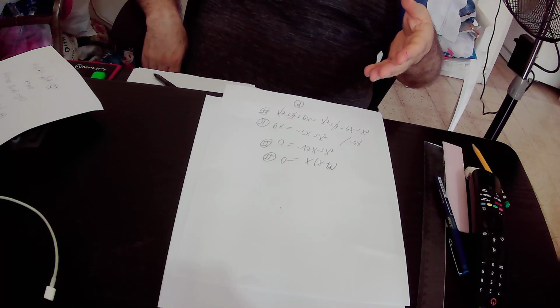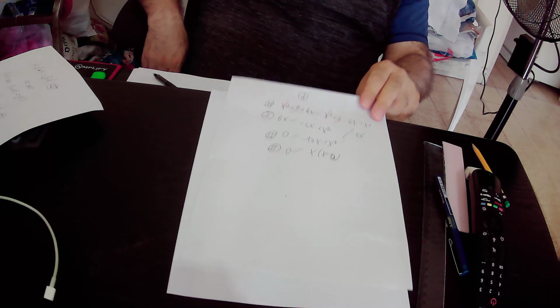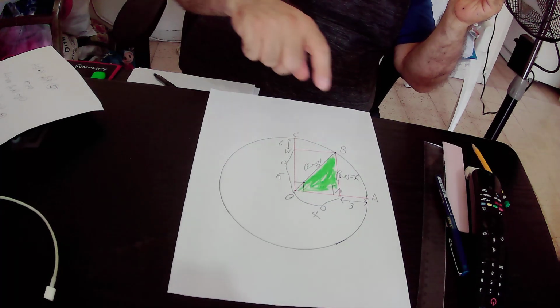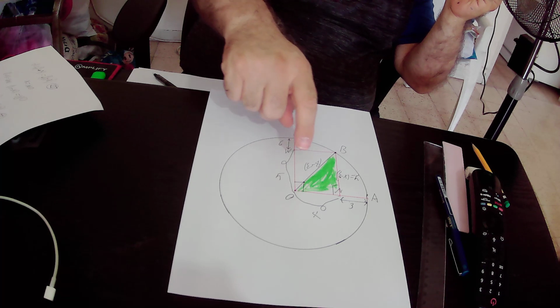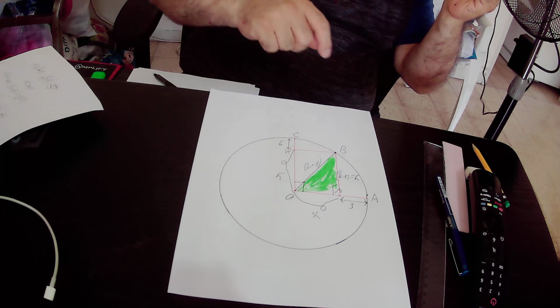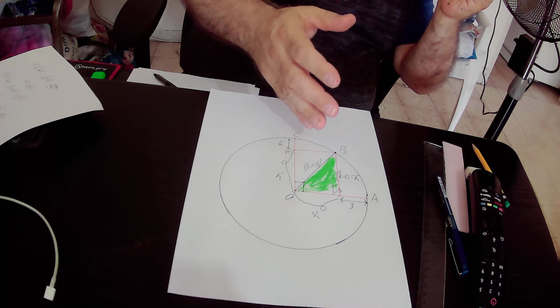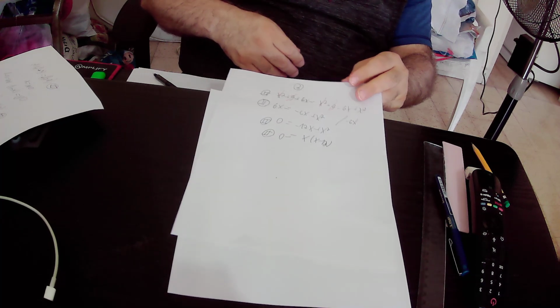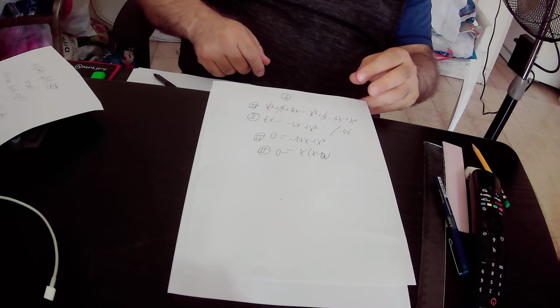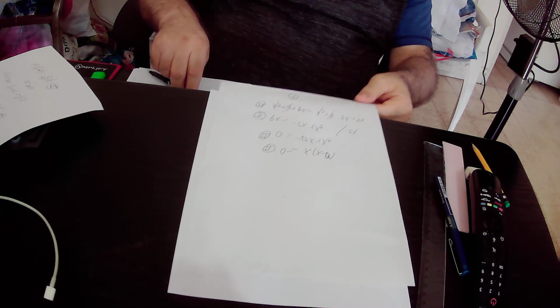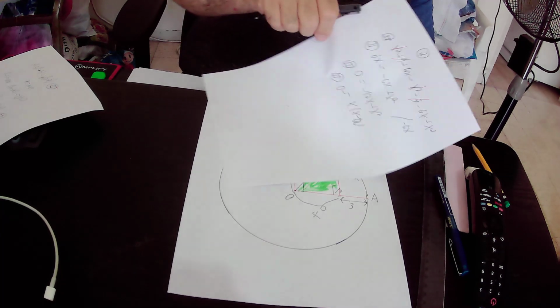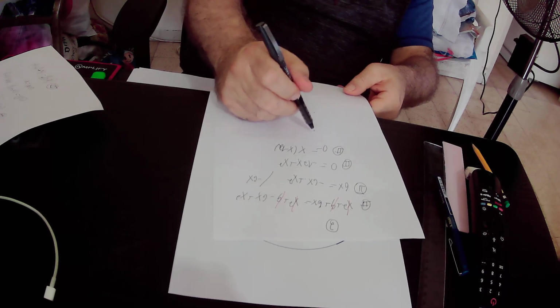x equals 0 is impossible because the square would not exist, so it is impossible that x equals 0. The other option is that x minus 12 equals 0.